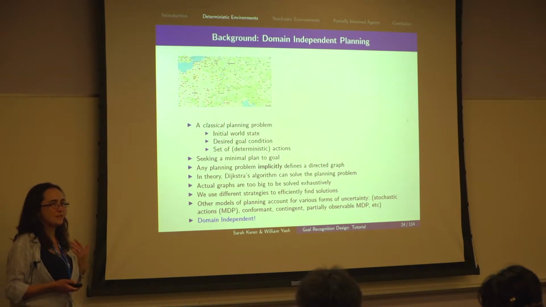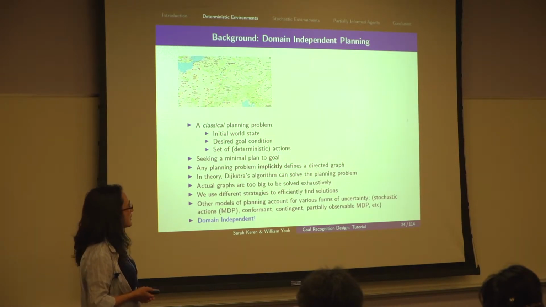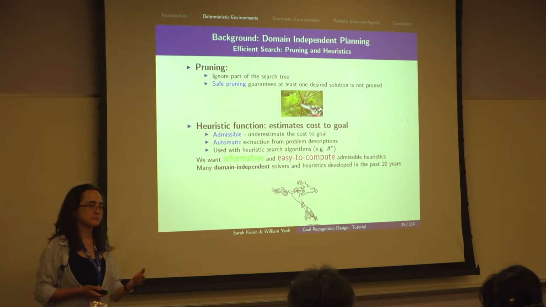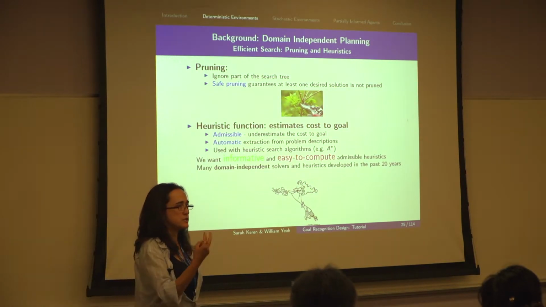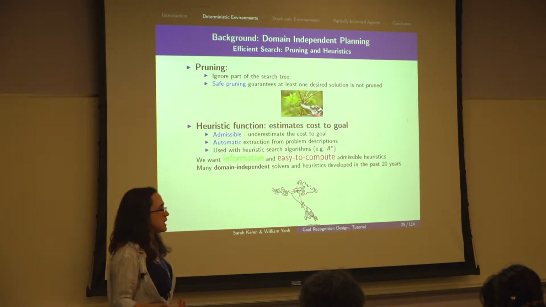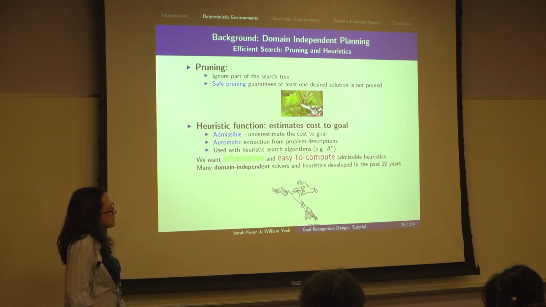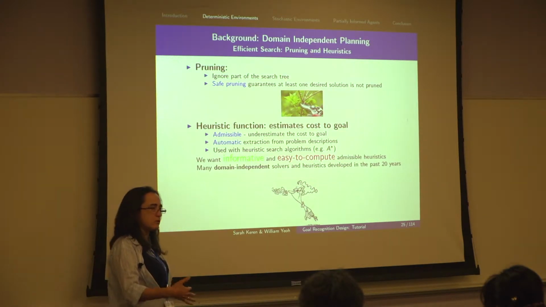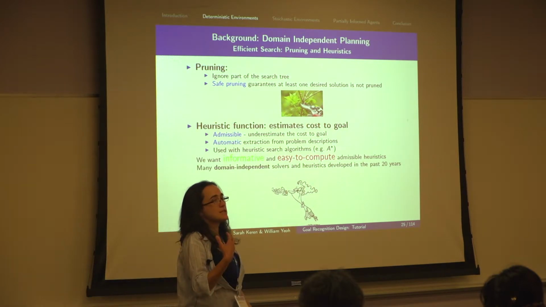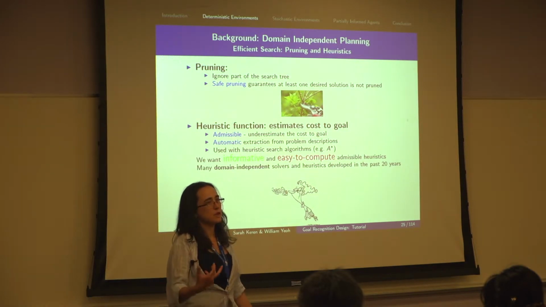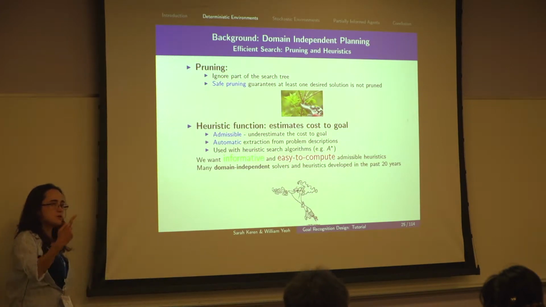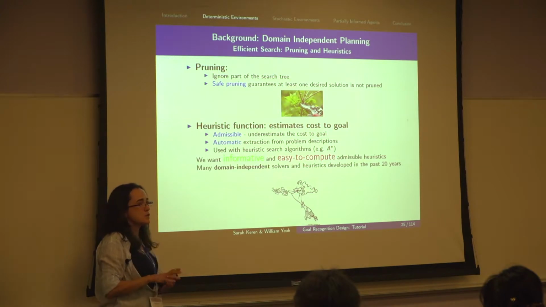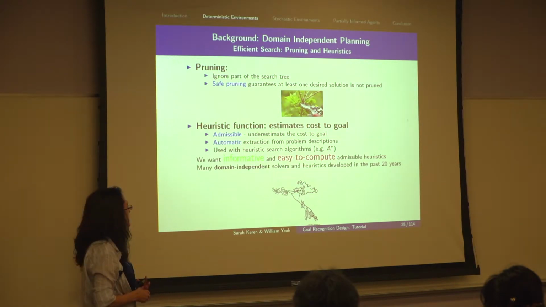But I want to focus on two techniques that are typically used for efficient planning. One of them is pruning, when we just cut off part of the search space when we understand that it is not relevant for finding a solution. Specifically, I use techniques for safe pruning. Safe pruning means that we guarantee that at least one optimal solution, at least one desired solution, is not pruned. That's what safe means.